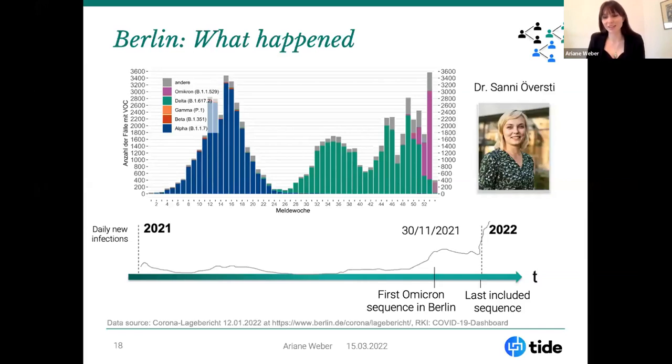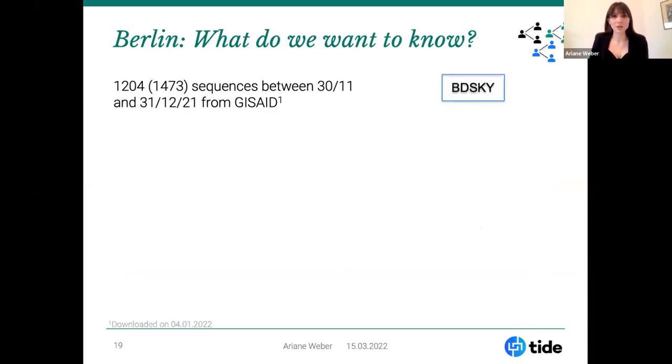So all of the results have to be taken with a grain of salt, but the conclusions that I'll be presenting have been very robust to all of the changes in the setup or in the workflow that we've been doing so far. So here we basically have 1,204 sequences, which we downloaded from GISAID coming from the 30th of November to the 31st of December, which we analyzed in BD-Sky.